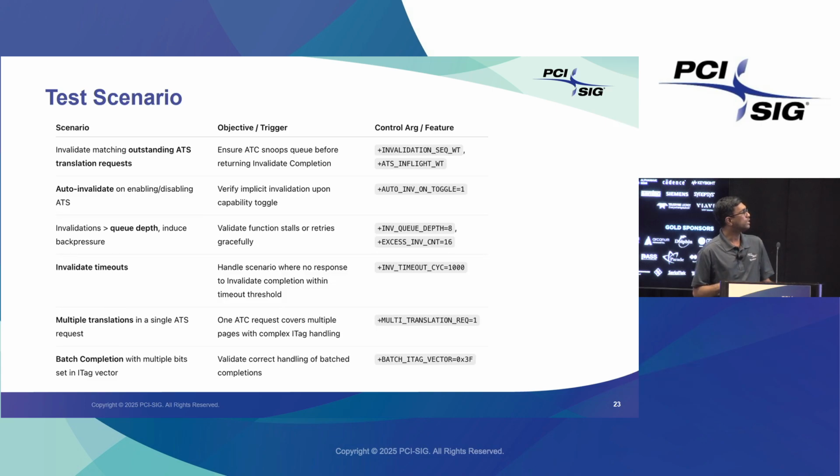Yeah, auto enabling and disabling of ATS means there are some scenarios where ATS and PRA will be disabled automatically. One scenario I can tell: if PRA receives a malformed packet, internally the PRA capability will be disabled automatically. So when FLR comes, it will disable. During that time also, how are we handling the outstanding transfers internally? To verify this, we need to enable this FLR.